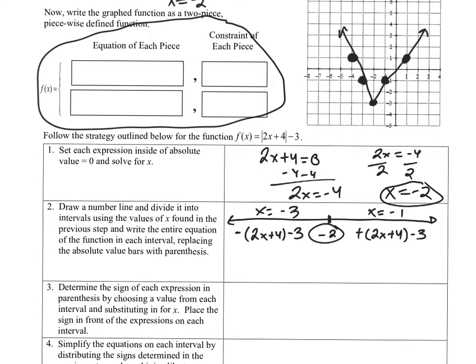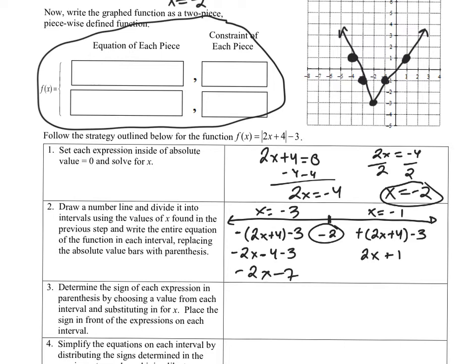So distribute the negative signs. We'll have -2x - 4 - 3. And then I have 2x + 4 - 3, which is 2x + 1, okay? So here, -2x - 4 - 3 is just -2x - 7, okay?